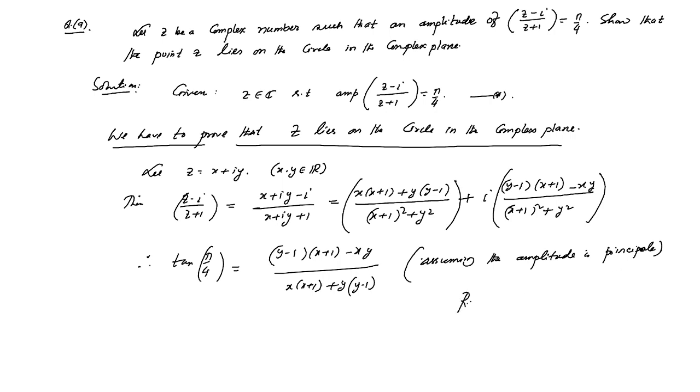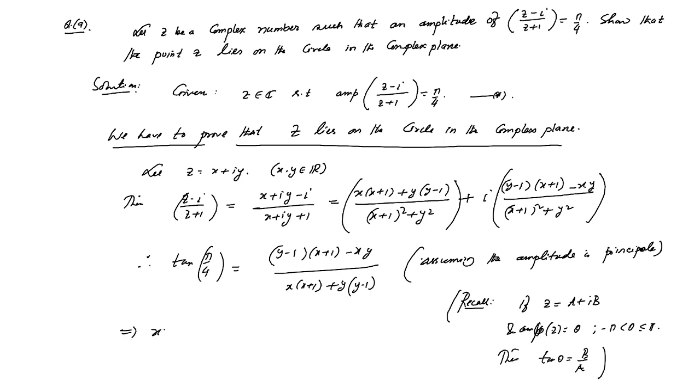What is the recall here? If z equals a plus ib and amplitude of z equals some theta, with minus pi less than theta less than or equal to pi, then tan theta equals b by a. We have used this result and we get tan pi by 4 equal to this.